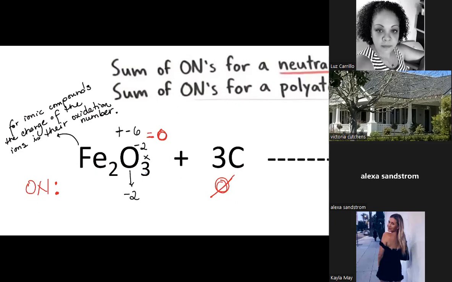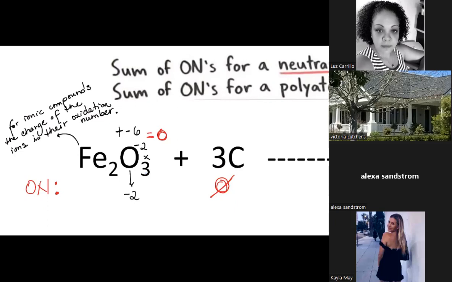Now, we have iron. Iron is a cation, so its oxidation number has to be positive. But how positive is it? Well, when I add it to the total value of the oxidation number of oxygen, it needs to cancel it out, so we illustrate why the compound is neutral.